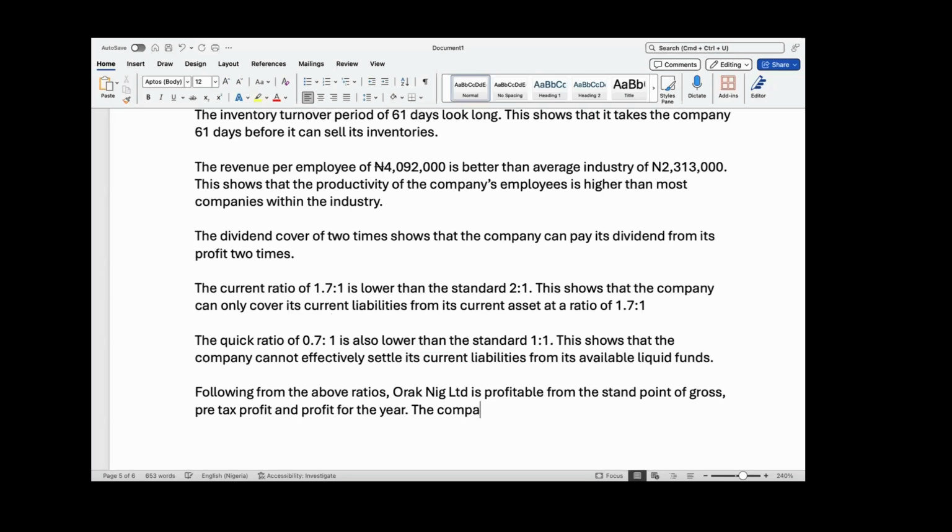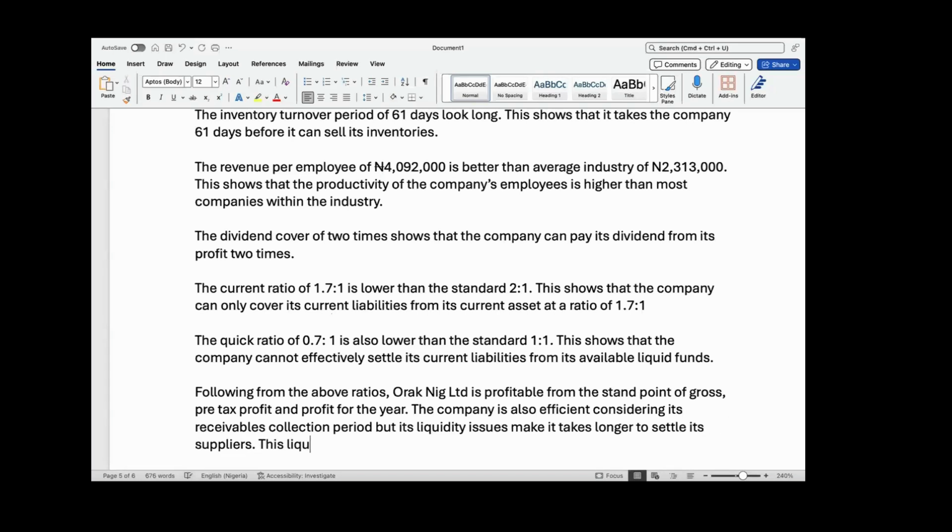The company is also efficient considering its receivables collection period, but its liquidity issues make it take longer to settle its suppliers.